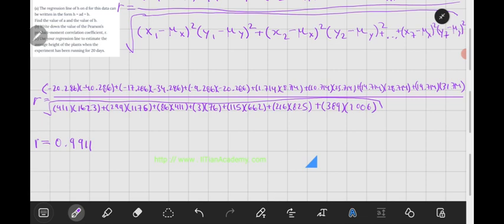Okay? Now, for our final question, we are asked to use our regression line to estimate the average height of the plants when the experiment has been running for 20 days.